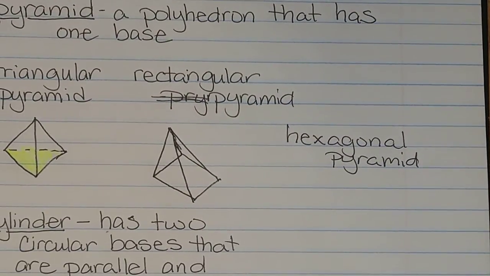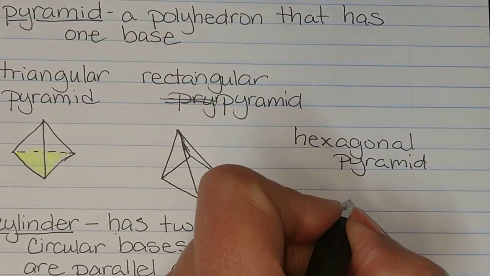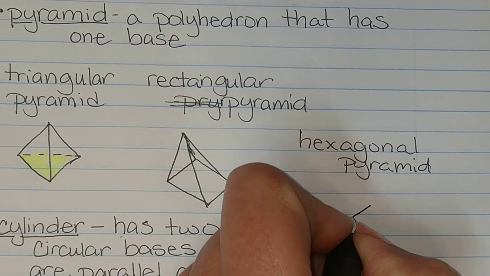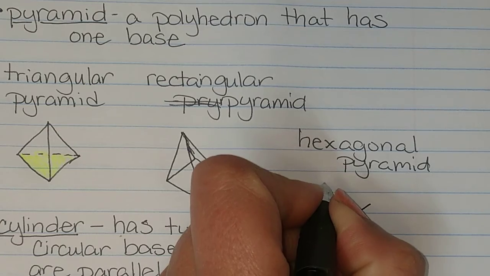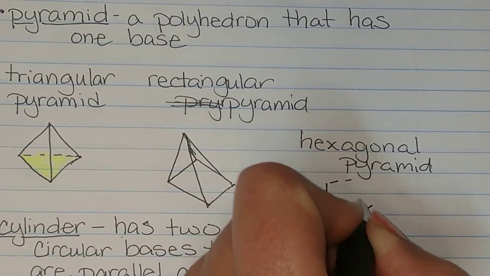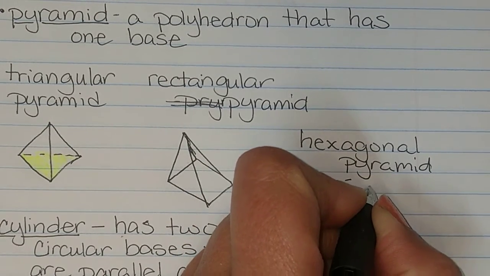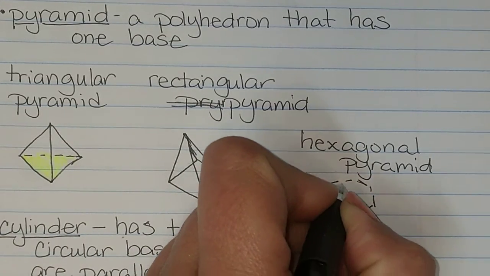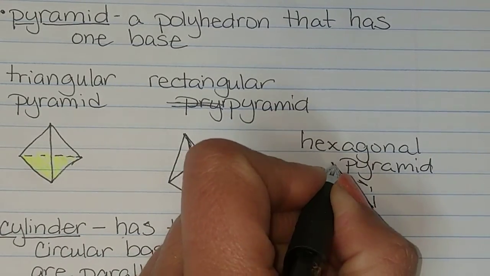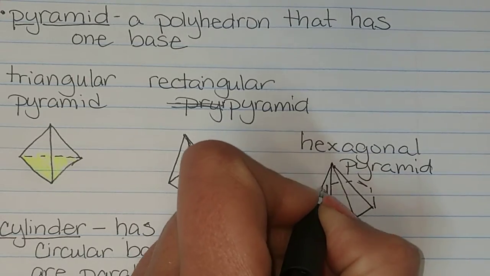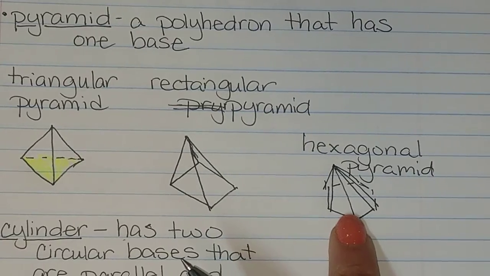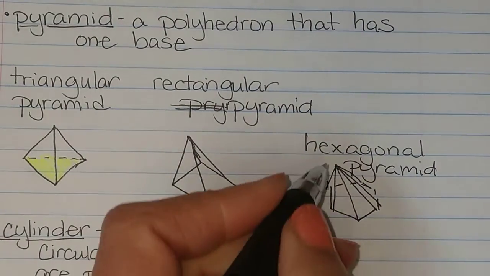Therefore, my base will be a hexagon. Lines coming up. It got a little off, but that's okay. Still, you can see the base is a hexagon.